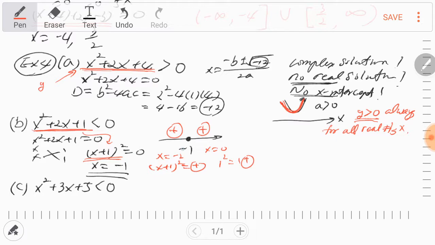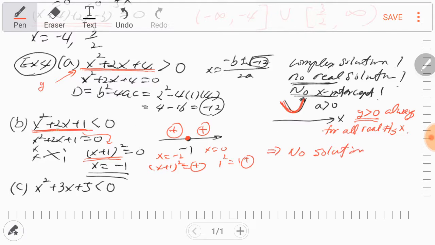If x is negative 1, then y is 0. If x is less than negative 1 or greater than negative 1, then the y value is positive. And this one cannot be less than 0. As you can see here, there's no negative y value. So in that case, there is no solution for this inequality.